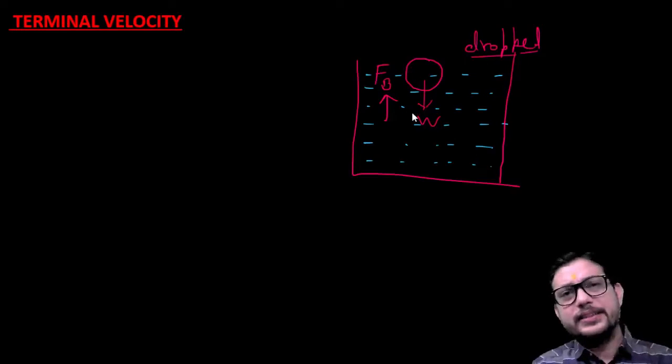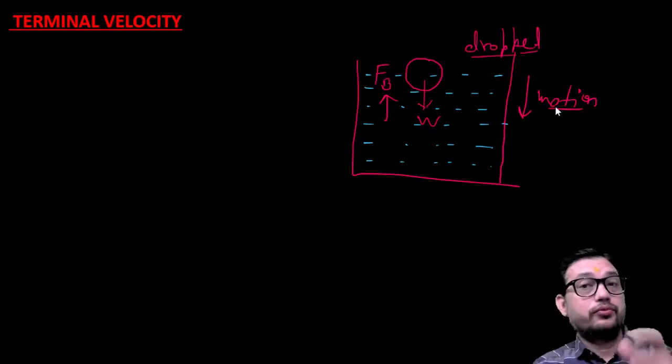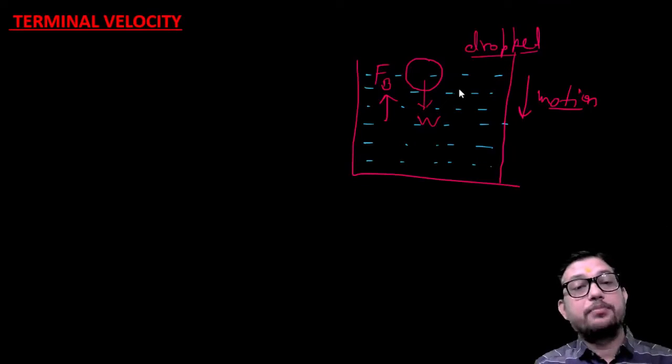Because the direction of the motion of the body is downward, so this is the direction of motion. For opposing the motion of the body, there must be a viscous force. Let F be the viscous force.